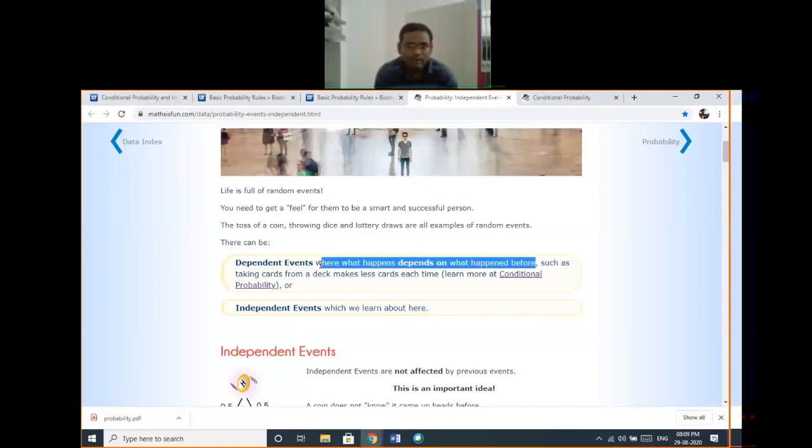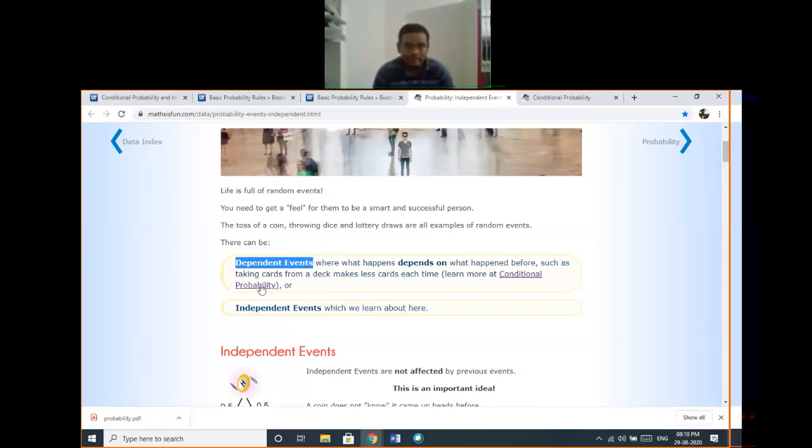Suppose you are tossing a coin, it is not a dependent event, because every time you toss, the probability will remain 1 by 2. It doesn't depend on how many times you have already tossed the coin. So that is not dependent. Dependent events depend on the previous events.